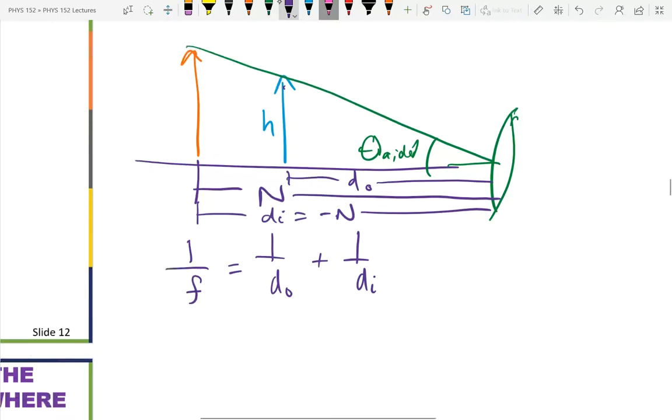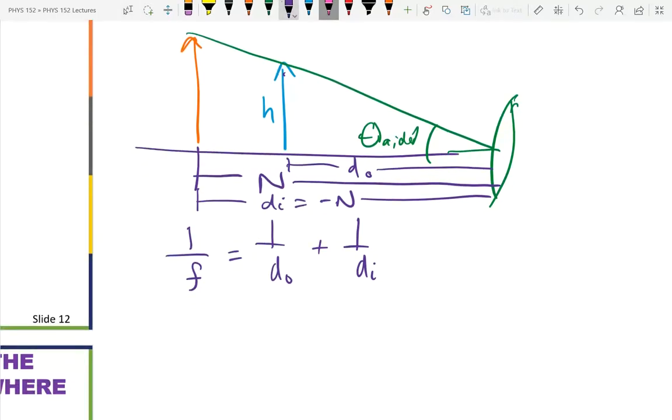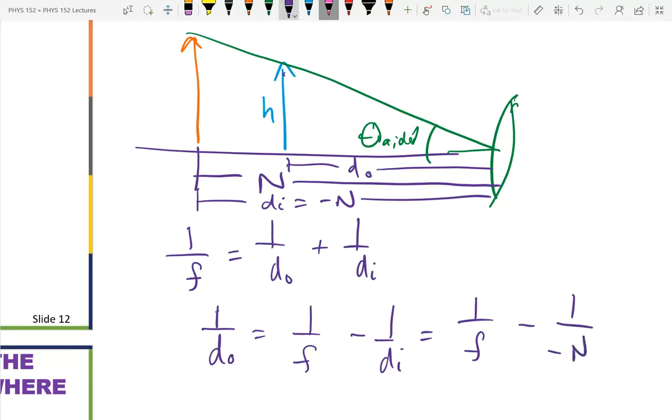So I can take this and solve it for 1 over distance object. 1 over distance object is equal to 1 over focal length minus 1 over distance image, which equals 1 over focal length minus 1 over minus n, where I substituted distance image equal to minus n.